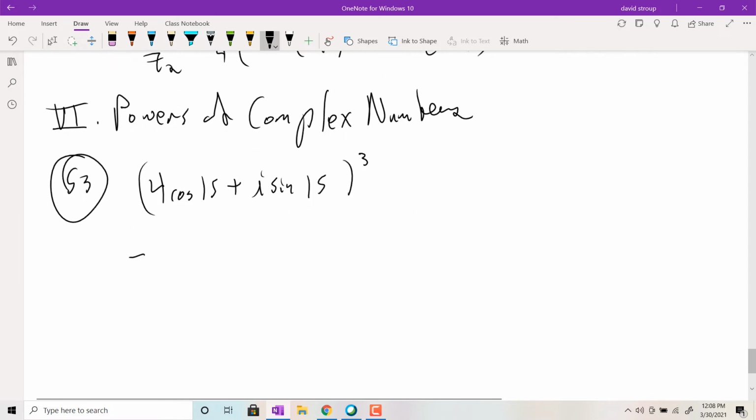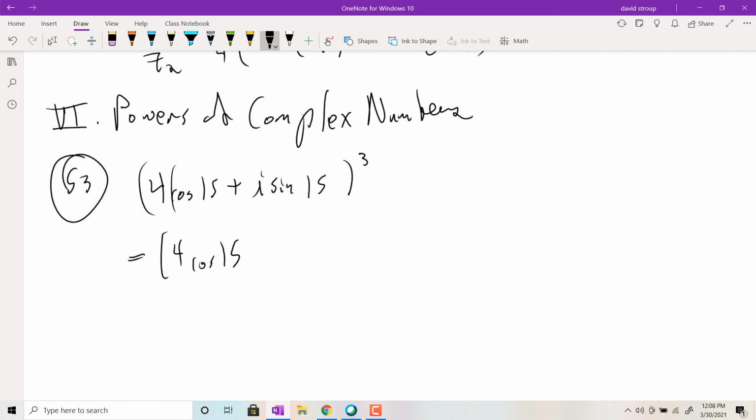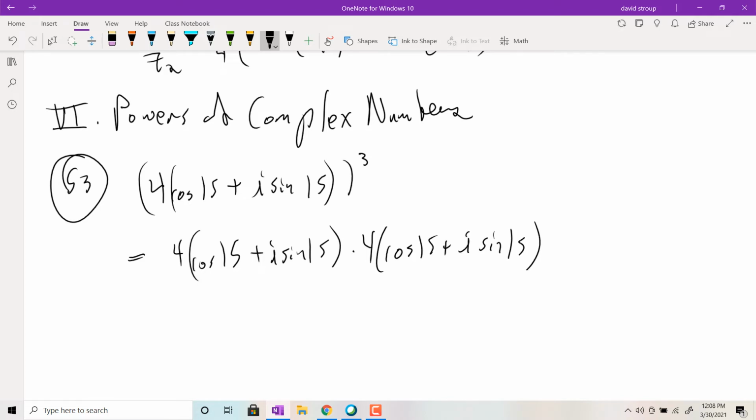Well, it's just repeated multiplication, but then it'll turn into kind of, okay, so let me show you. 4 cosine 15 plus I sine 15 times 4 cosine 15 plus I sine 15 times 4 cosine 15 plus I sine 15.